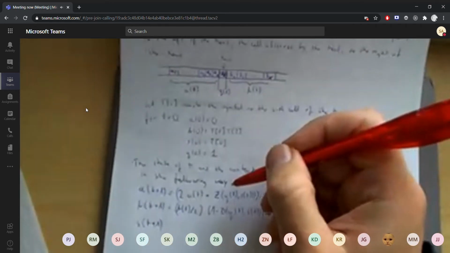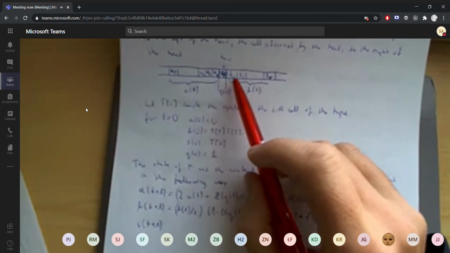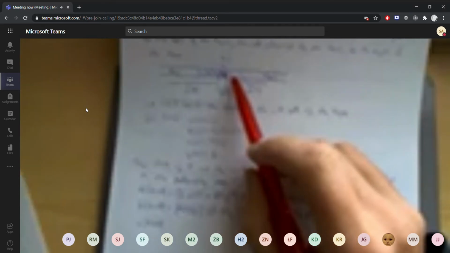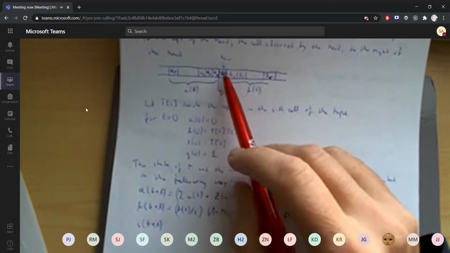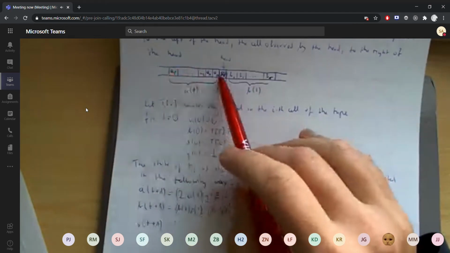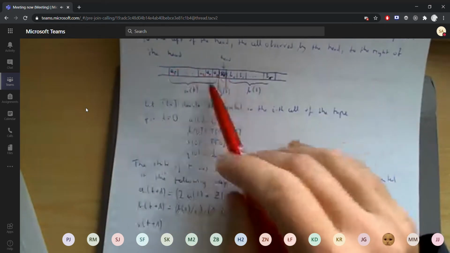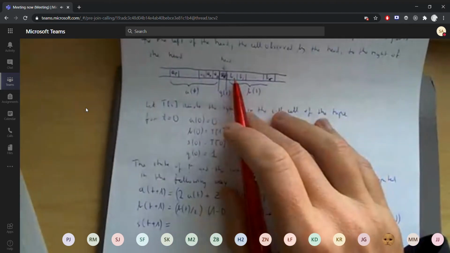So again, if the head moves to the right, then the symbol observed by the head will be B0. And if the head moves to the left, then the symbol observed by the head will be A0. So we have to have some way to extract this last bit from this number. But this is easy. So B0 first.